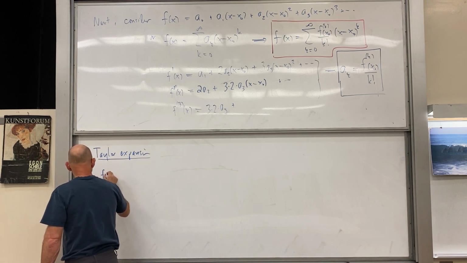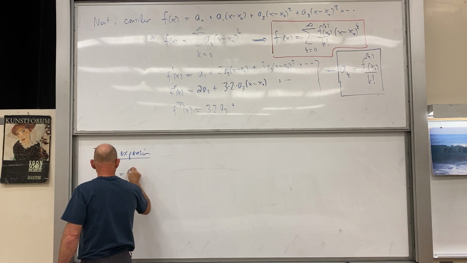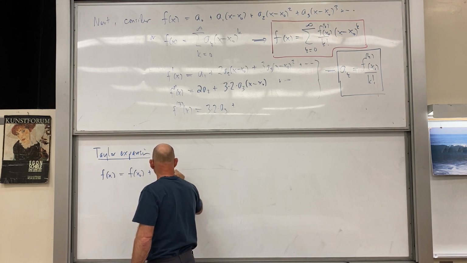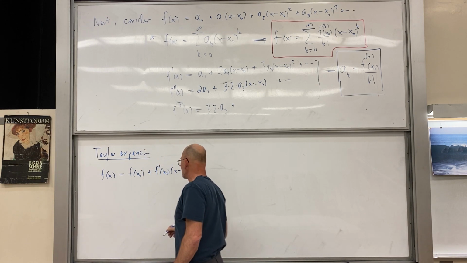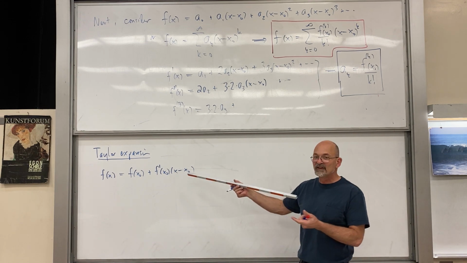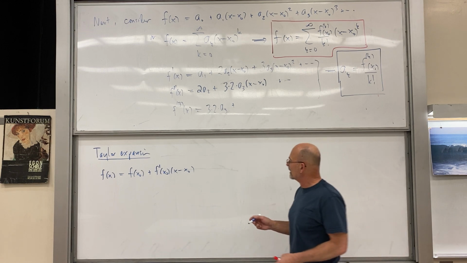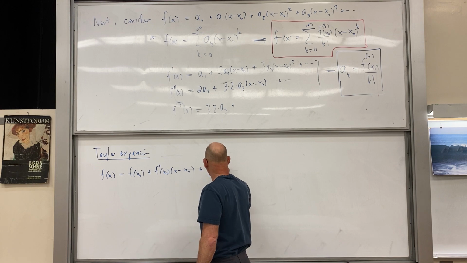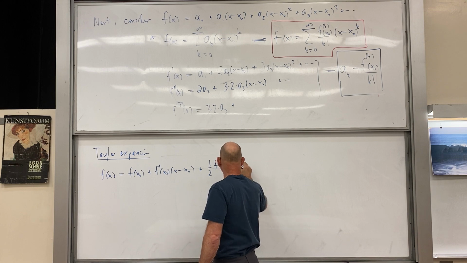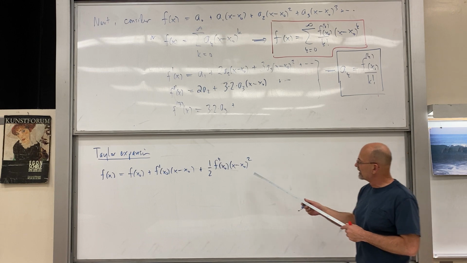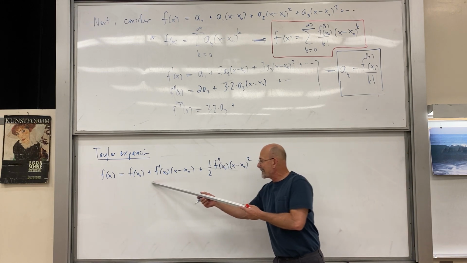So we can have f of x0 plus f prime of x0, x minus x0. Okay. And I'm putting an equal sign here. Maybe we just have a function that is a straight line. Okay. But 1/2 f second derivative of x0, x minus x0 squared. Well, what is this but your general parabola?